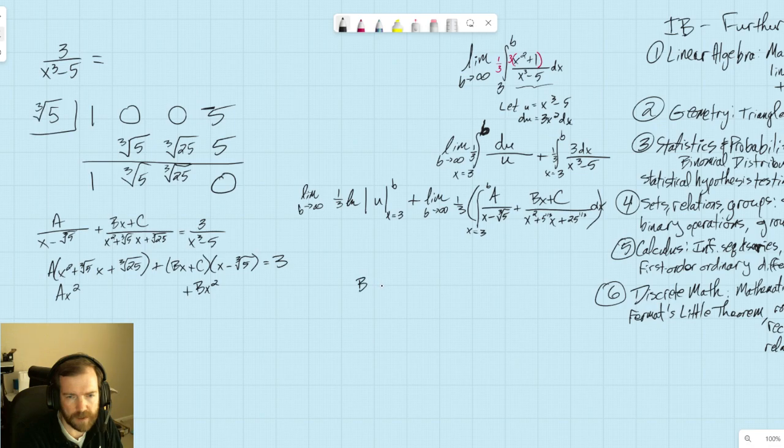This means that a plus b is going to have to be equal to 0, because there are no x squareds on this side.